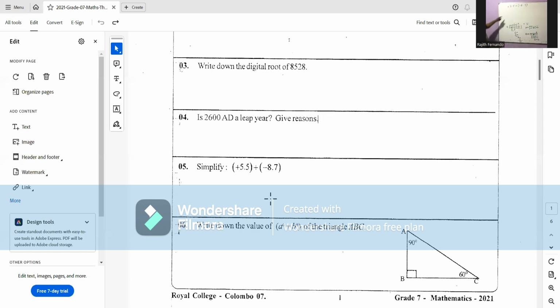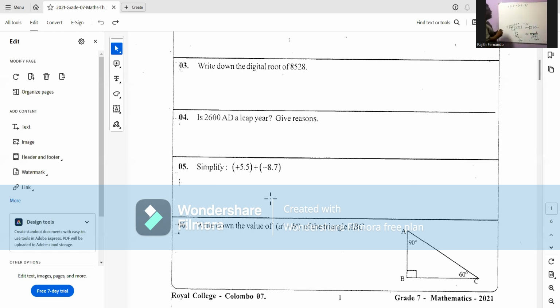If you need to add two numbers with different signs, what you have to do is subtract the smaller number from the larger number.